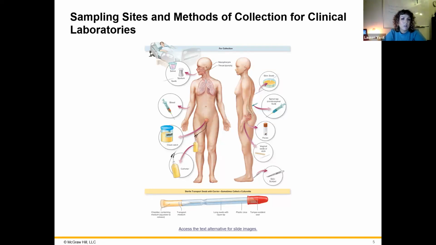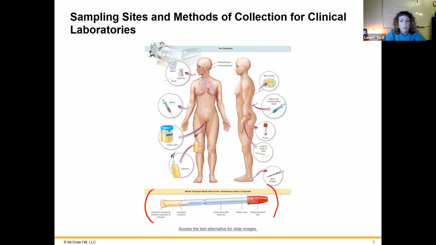We introduced the concept of a transport medium in the tools of microbiology chapter, but this is the idea of what it might look like. You have your actual swab inside of a holder, this case that keeps it safe, so it's not going to get damaged, and it's also not going to contaminate anybody else.